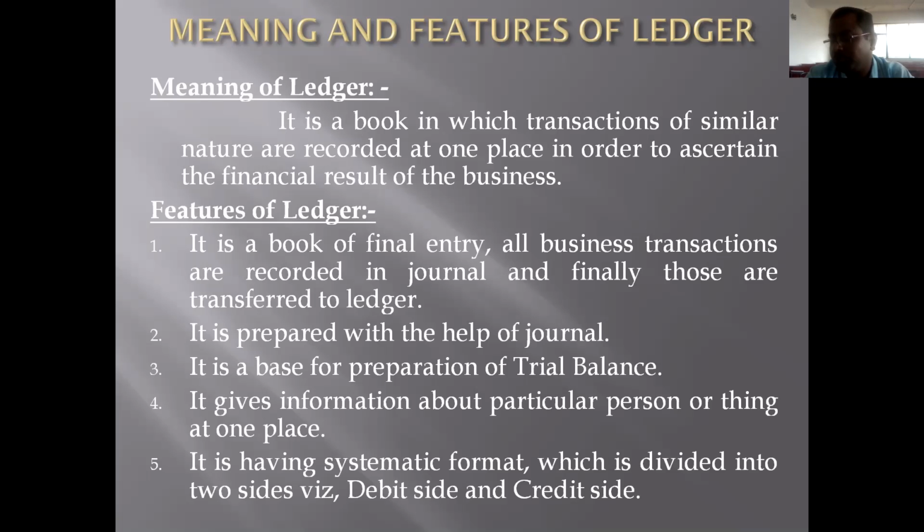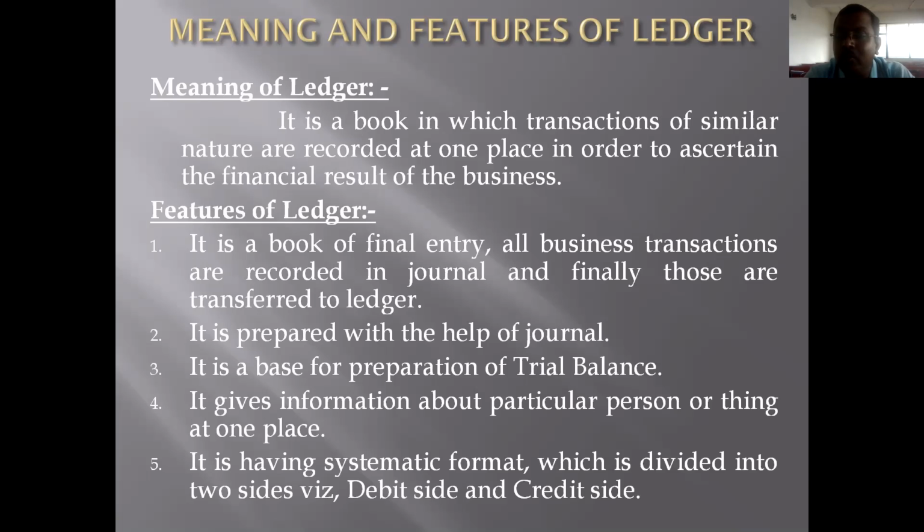So let's see what the features of ledger are. These are certain important features of ledger. First one is that it is a book of final entry. Actually journal is a book of prime entry, but ledger is a book of final entry, meaning once you record a transaction in the book of journal, from journal it will be shifted to ledger.